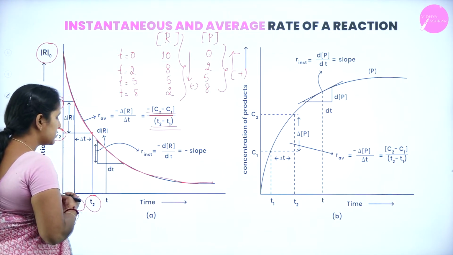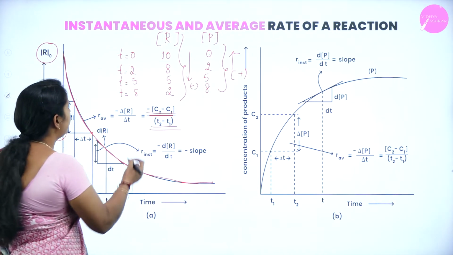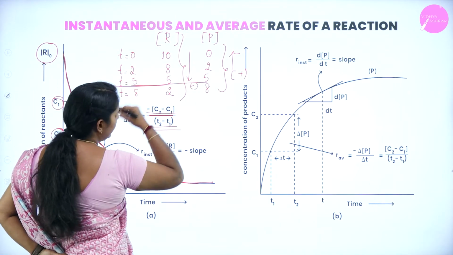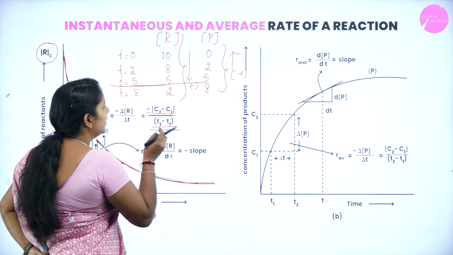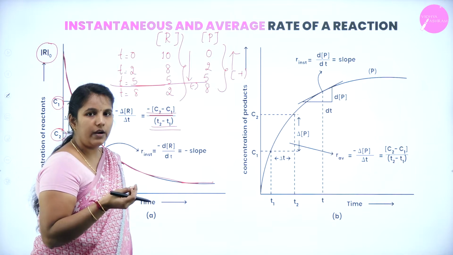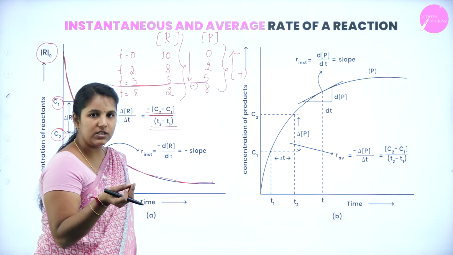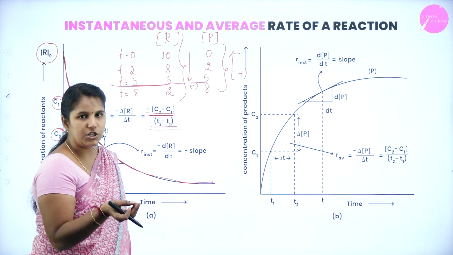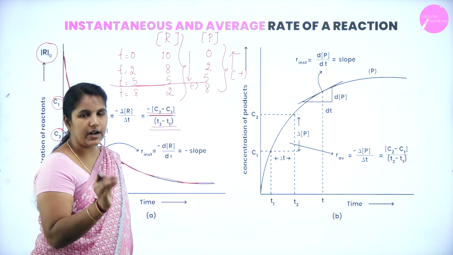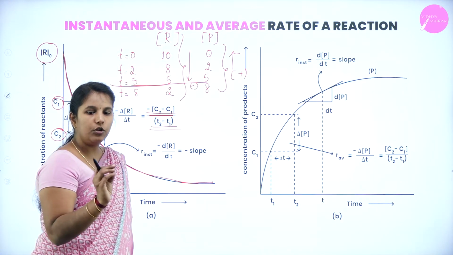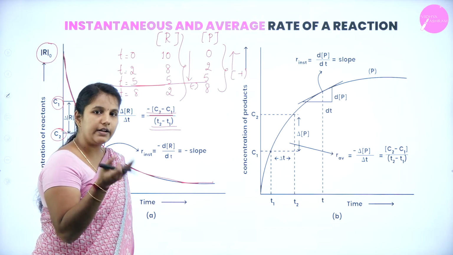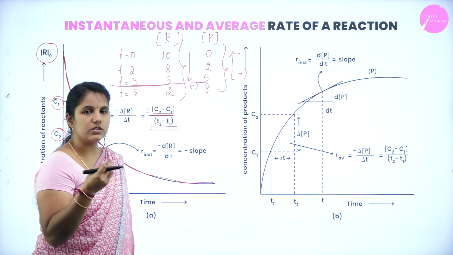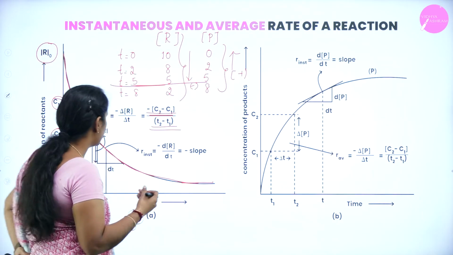Why is it a negative slope? We know that at time t, the reactant is completely changed into product. Is it right? The change in concentration of the reactant or the product at a particular time is known as the instantaneous rate of the reaction.